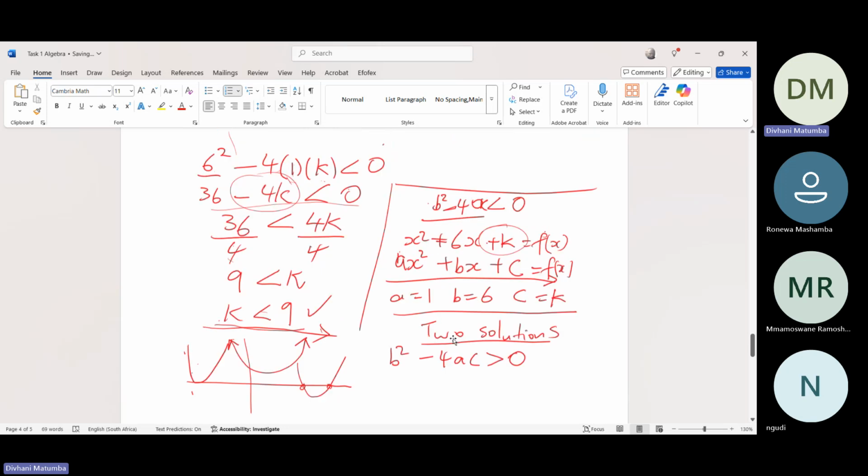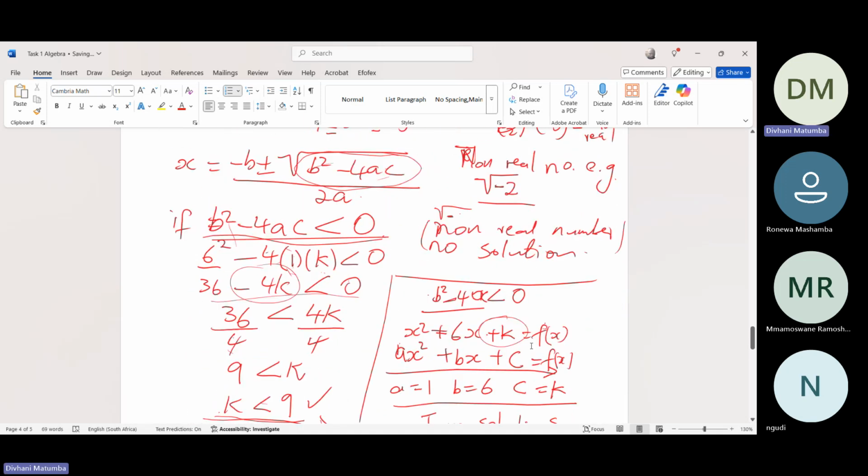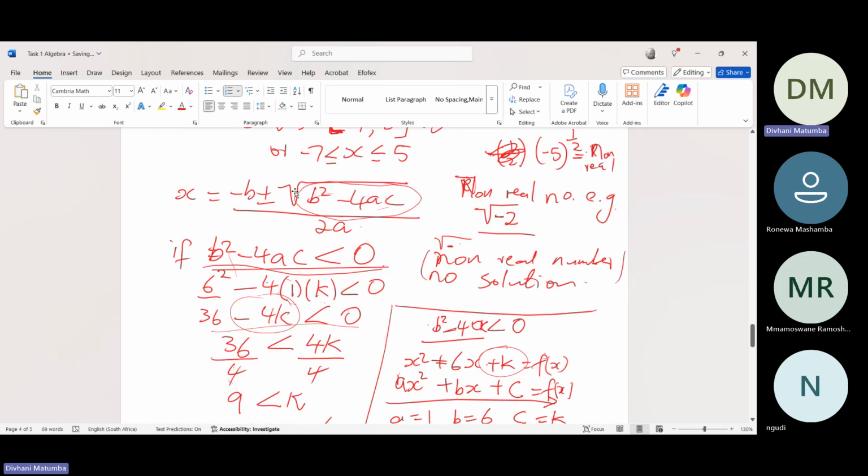If it's greater than 0, it means when we solve, we will have minus b plus or minus something which is real. So if you add a real number, you will have 2 solutions.